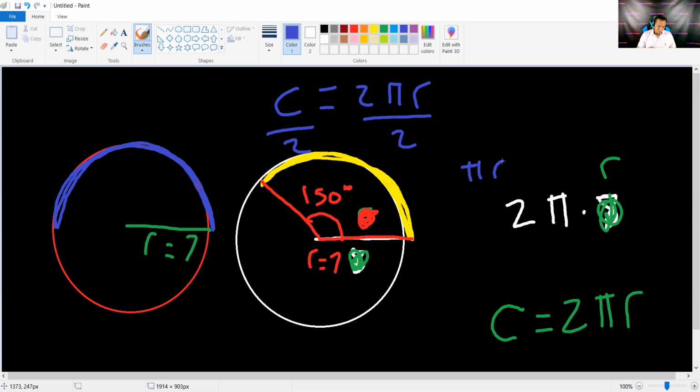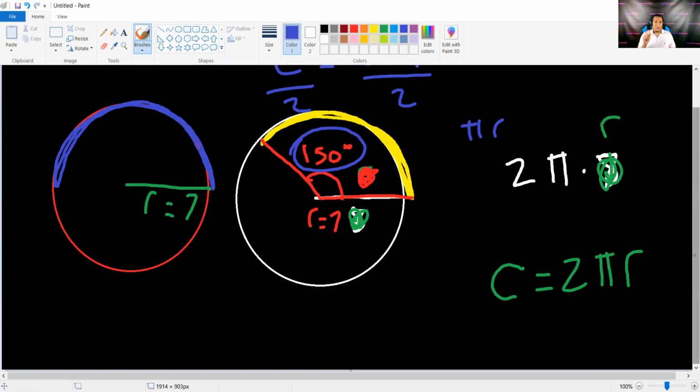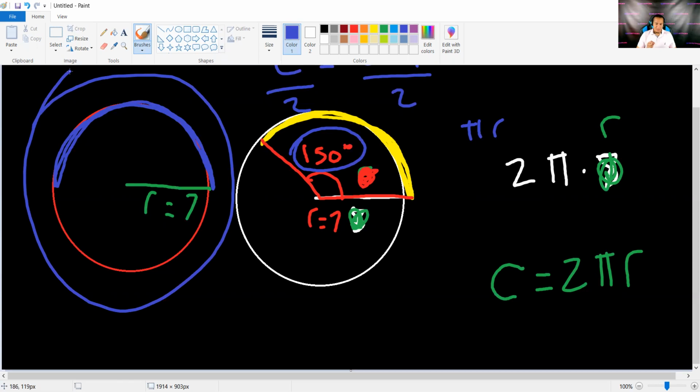But let's say you want the yellow part, which is 150. Remember, you have degrees here. And because we learned how to convert from degrees to radians, you can convert that into radians. But I'm going to show you the easiest way. Remember that example over here that we said the circumference was pi r? If we convert pi to degrees, that's like we had the original circumference, 2 pi r, and we only went halfway around the circle.